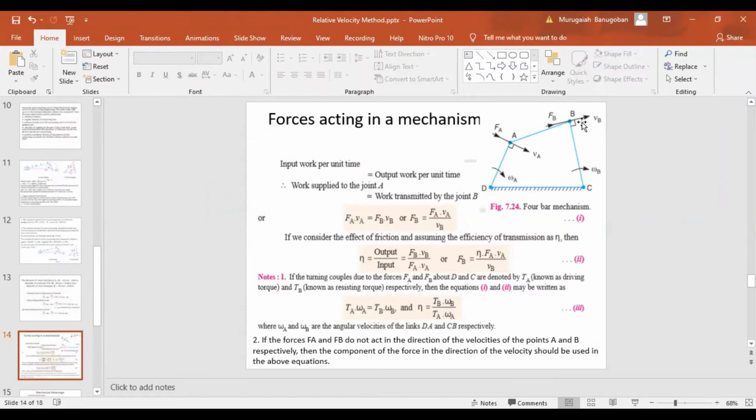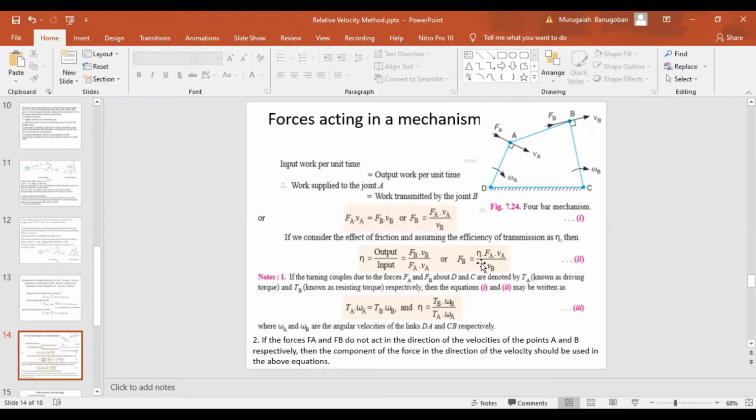So output is FB into VB, and input is FA into VA. From this you can find FB. FB is equal to eta into FA VA upon VB.